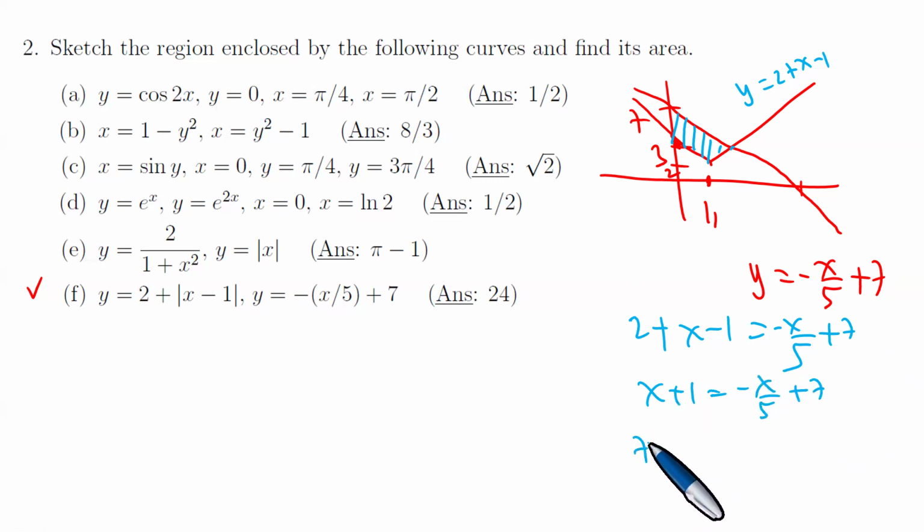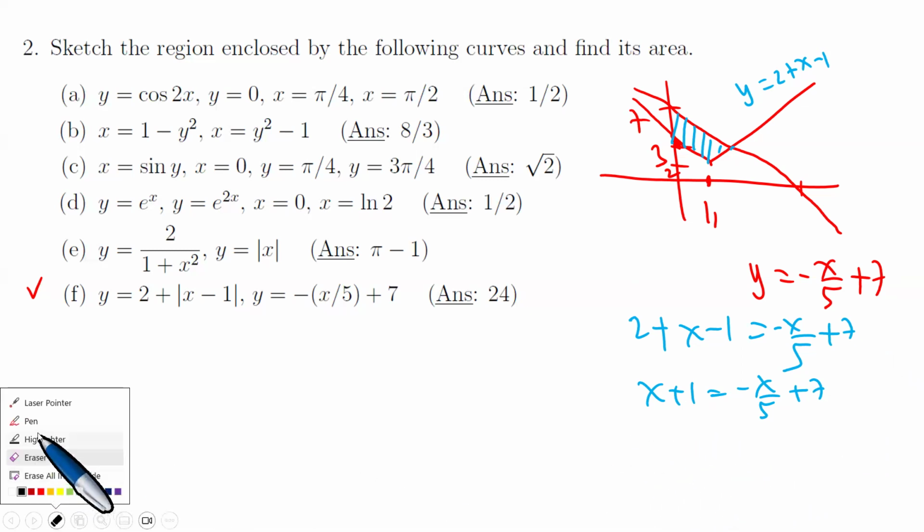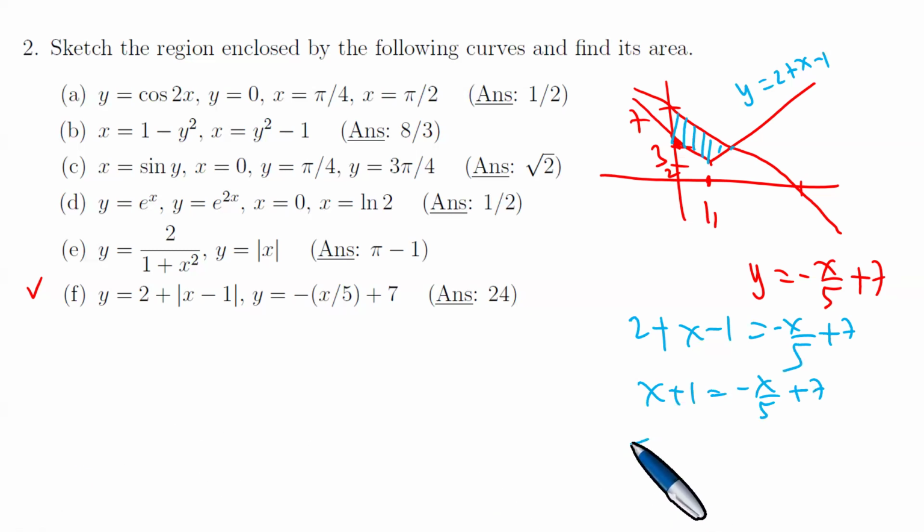Multiply through by 5, get 5x plus 5 equals, you multiply through by 5. That's what I mean. And if you do, it becomes exactly 5x plus 5 is equal to minus x plus 35.